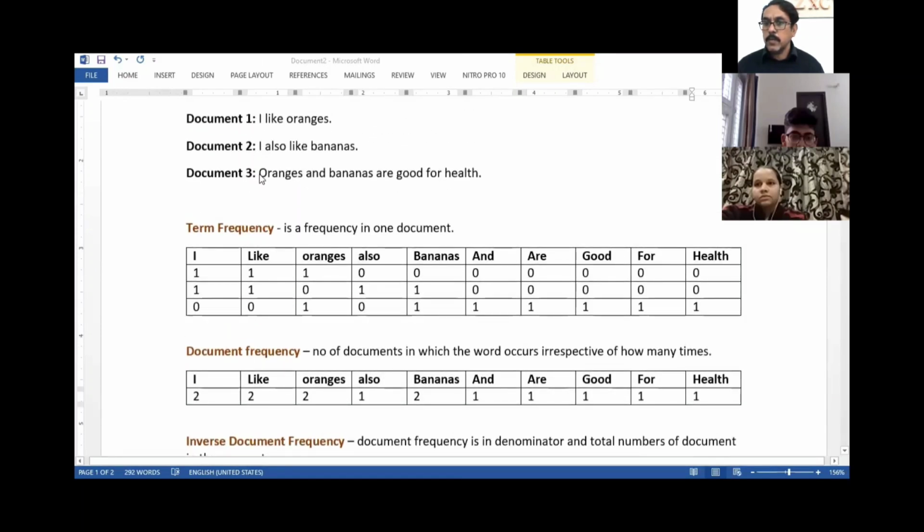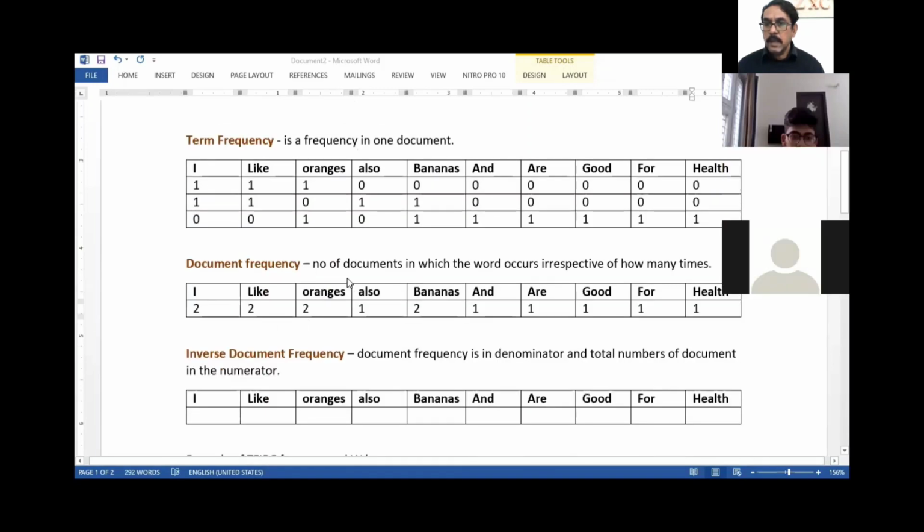Document 1, document 2, document 3. So you have the number of documents in which the word occurred, the document frequency, as the denominator and the total number of documents as the numerator. So 3 by 2. This is also 3 by 2.